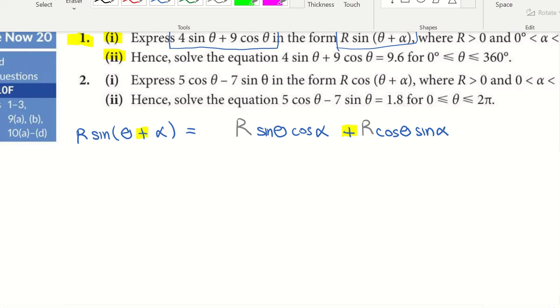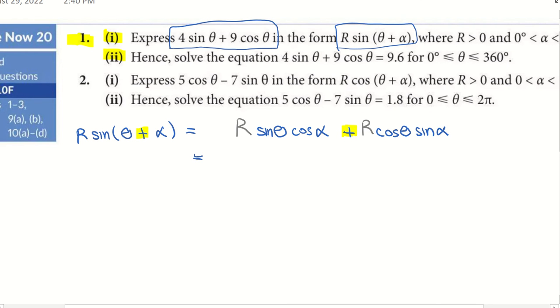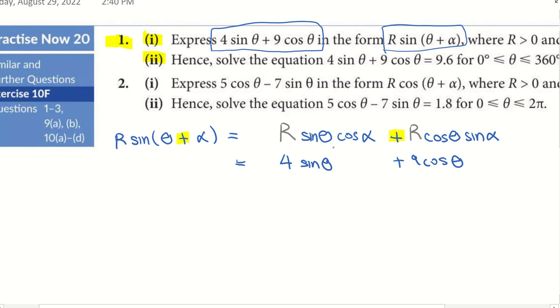So you see what I'm going to do? I'm going to compare it to what they give me: 4 sine theta plus 9 cosine theta. I have a sine theta here, and I compare it to the sine theta here. What can I realize about 4? I can compare it to something. Is it just R?